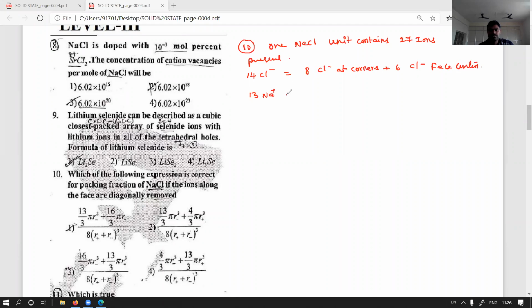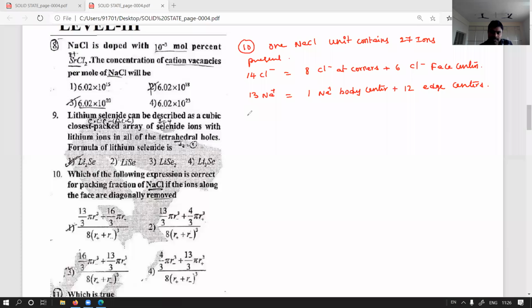The 13 Na plus ions are present as follows: one Na plus ion is present at the body center and the remaining 12 ions at edge centers. Okay, it is very clear.